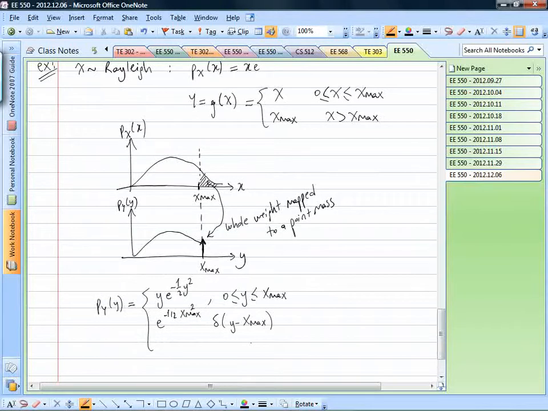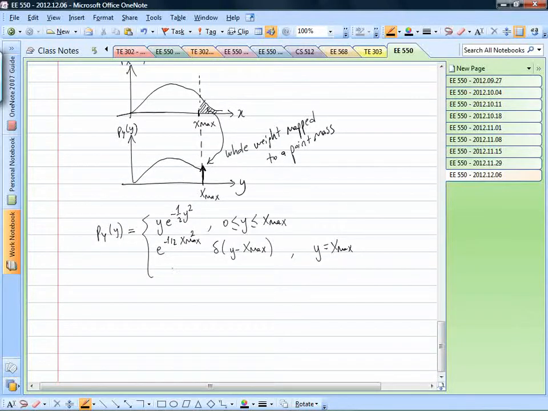This is the delta function located at x max, and 0 elsewhere. I can write this as p sub y of y equals y e to the minus 1 over 2 y squared times u of y minus x max for the part between 0 and x max, plus the delta function, which is e to the minus 1 over 2 x max squared delta of y minus x max.